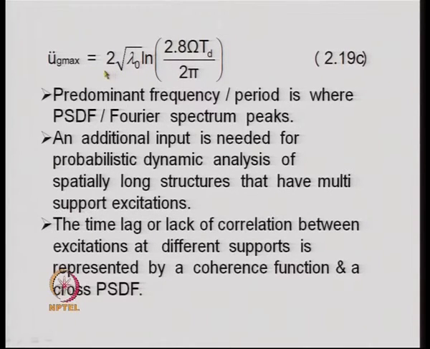You can see that this formula requires the square root of the mean square value, that is the root mean square value. Then we require the capital omega and the duration, and with the help of that one can obtain the peak ground acceleration.